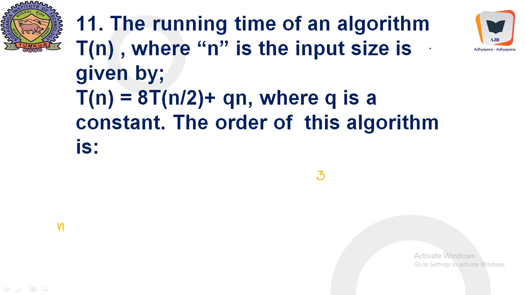The running time of an algorithm T(n), where n is the input size, is given by, let us say, T(n) = 8T(n/2) + qn, where q is a constant.